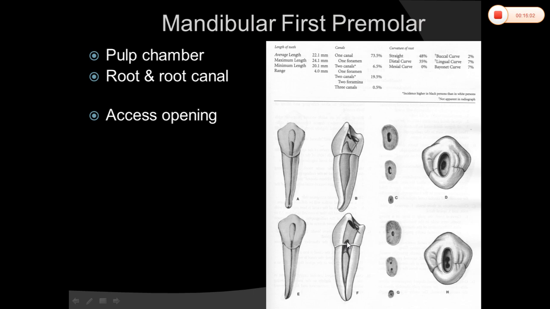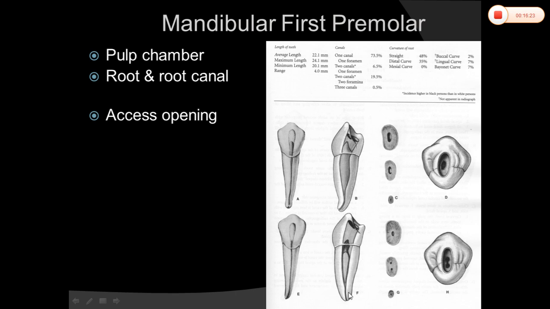Mandibular first premolar has extreme variations in root canal morphology. The pulp chamber is wider buccolingually than mesiodistally. It has two pulpal horns. Among the variations, you can see two root canals that tend to merge in the apical third as one.